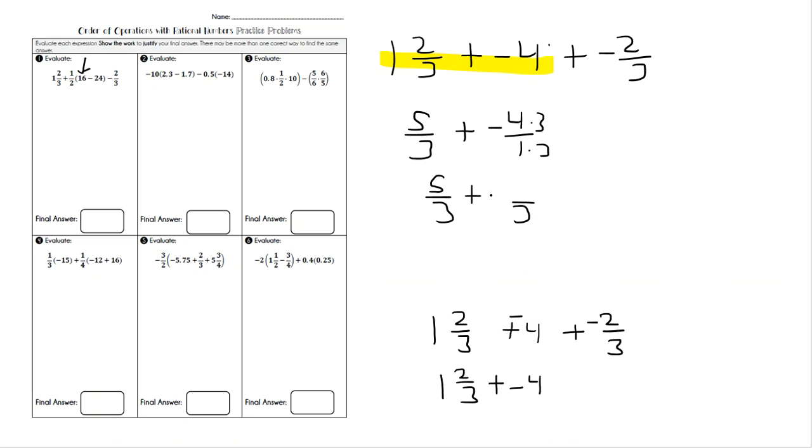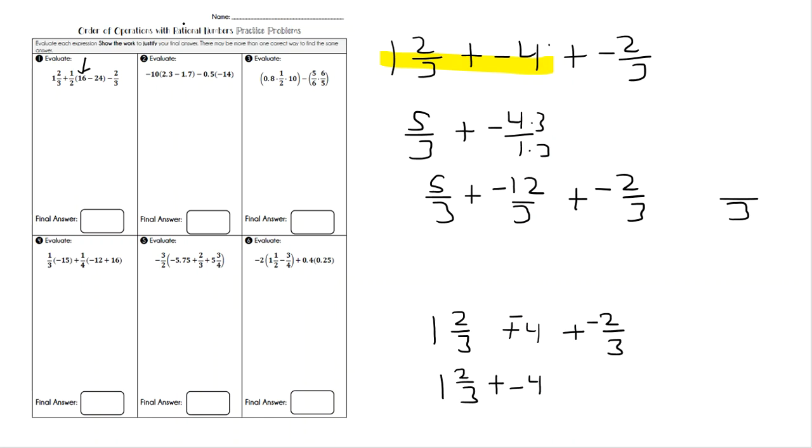Which leaves me with 5/3 plus negative 12 thirds, and remember we also have our negative 2 thirds. Now that we have a common denominator, we know our denominator is going to be 3. Now we can just combine our top integers.